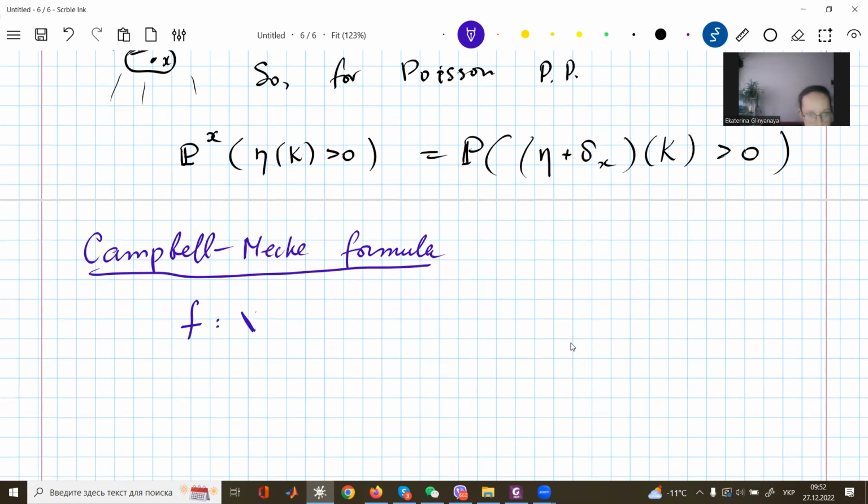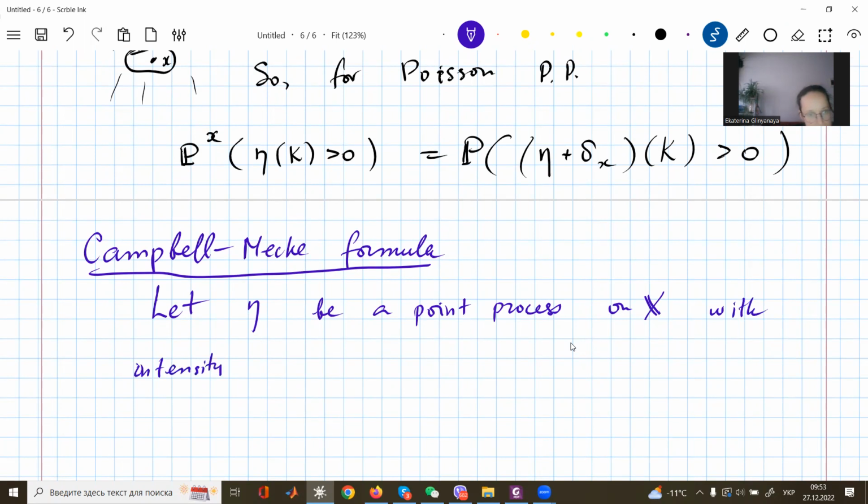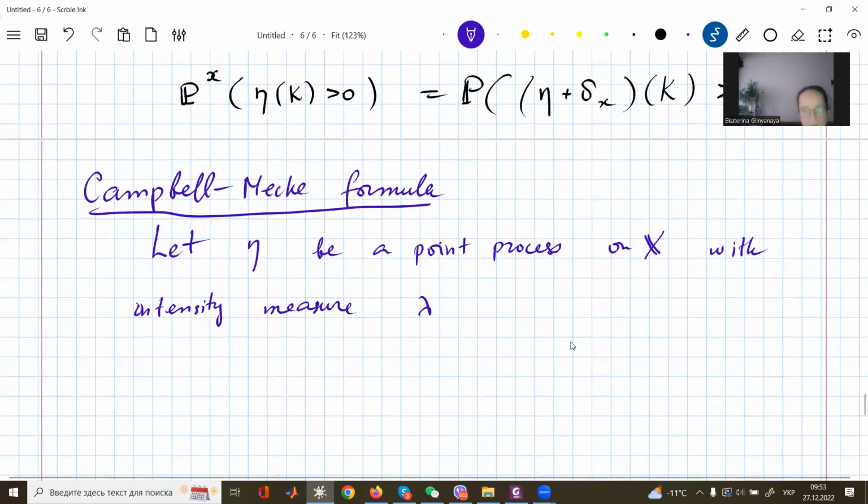So it depends on some points of a space X, where let eta be a point process on X with intensity measure lambda, and a function f is a measurable function from X times, I write here the space of measures.